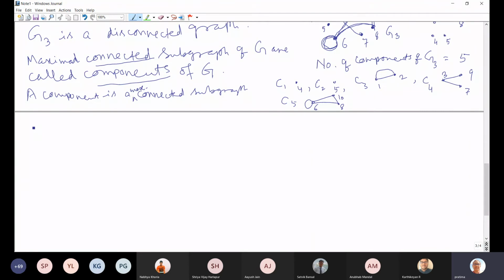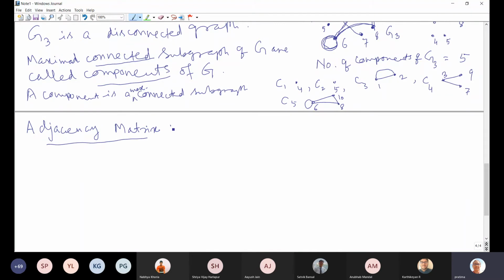I'll now discuss two different matrices: one is the adjacency matrix and the other is the incidence matrix. First let us look at the adjacency matrix of a graph. This is a very popular and basic way to represent a graph.